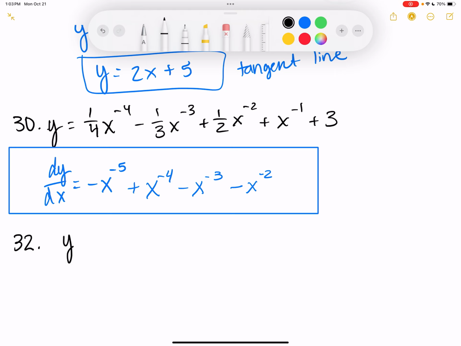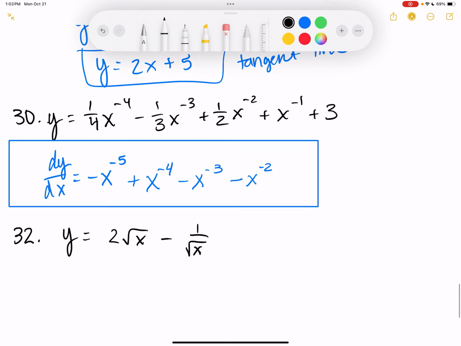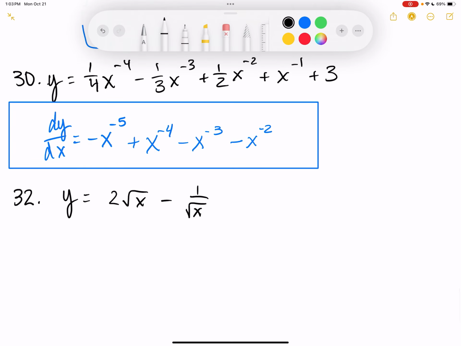32. y equals 2 square root of x minus 1 over the square root of x. Any thoughts? Can we just rewrite that as a power of x?